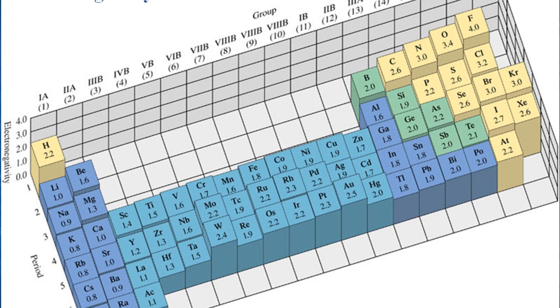Fluorine 4, then comes oxygen 3.5, chlorine 3.2, nitrogen 3. As you can see, all those numbers are high, right? Whereas if you look at the left side, lower side of the periodic table, you find the least electronegative elements.